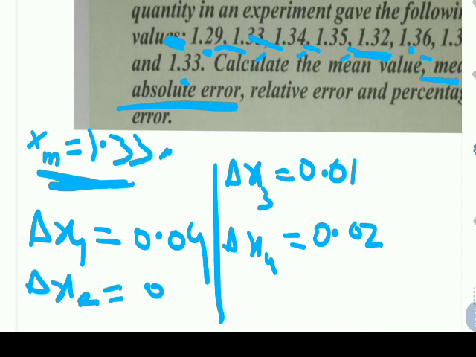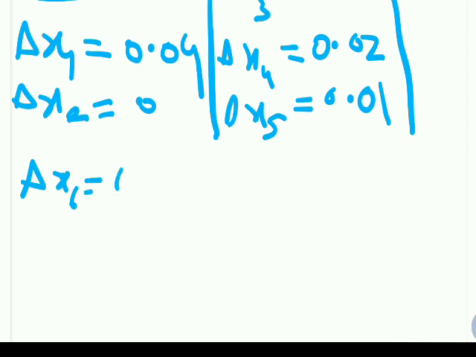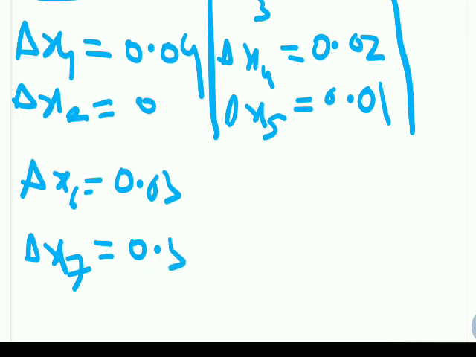Next, 1.32. Nothing but delta x5, 0.01. Then 0.03, delta x7 0.03, delta x8 0.0.